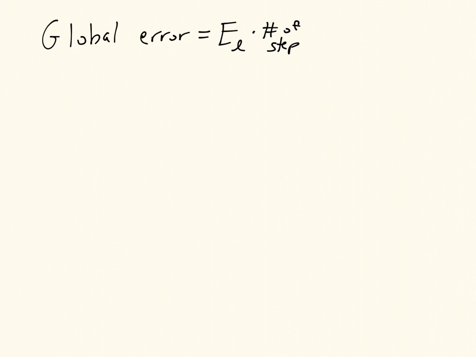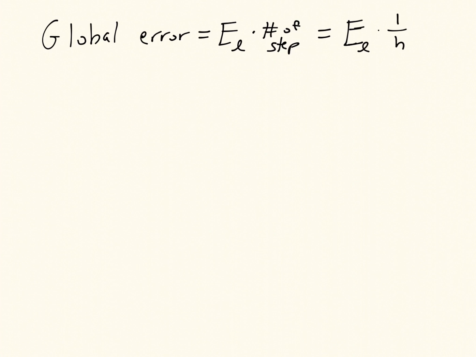If we have the local error on each step, and we have so many steps, we multiply them together, we can get the global error. Now the number of steps we take is proportional to 1 over h. So this goes like EL times 1 over h.